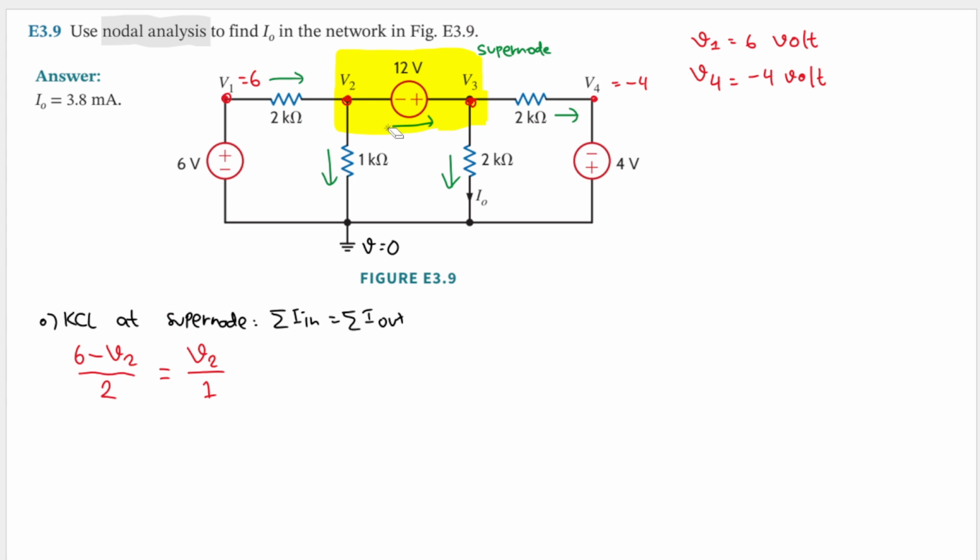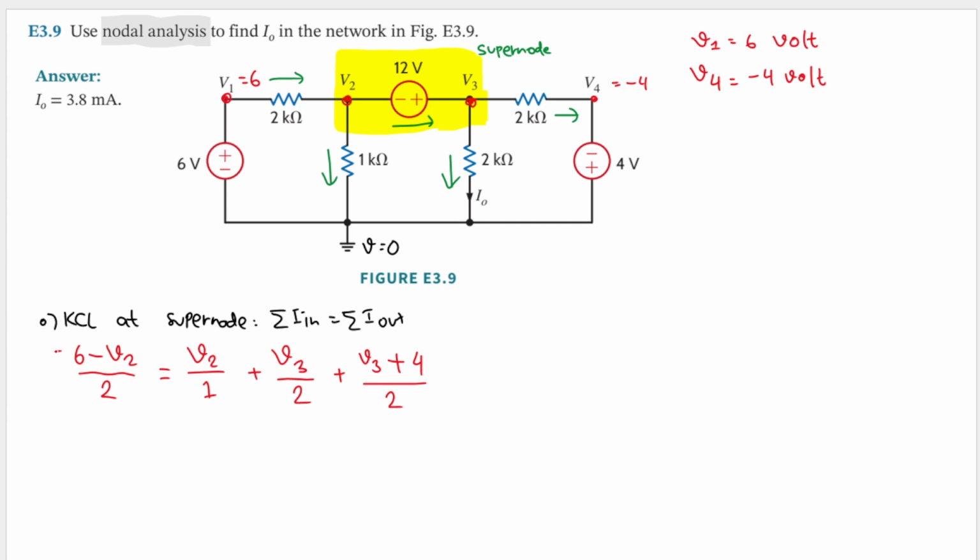We cannot find the current between V2 and V3, so we find the currents here and there. This one is V3 minus 0 divided by the resistance between them, which is 2. The next one is V3 minus minus 4, which becomes plus 4, divided by 2.